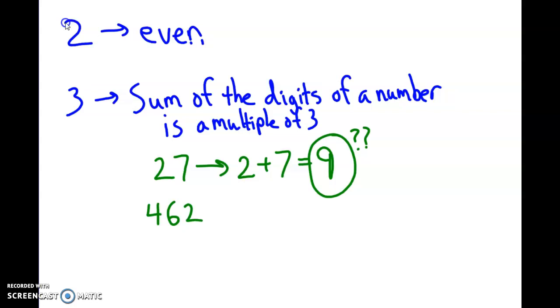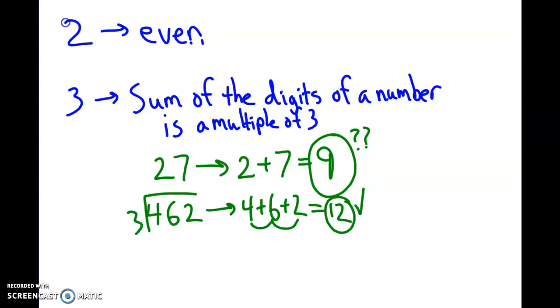I don't know off the top of my head, but I can add its digits together and see what I get. 4 plus 6 is 10, plus 2 is 12. So I've taken this 3-digit number and reduced it to something I know is a multiple of 3. Therefore, I can divide this number by 3 and I will get a whole number answer. That's how we know if something is divisible by 3.